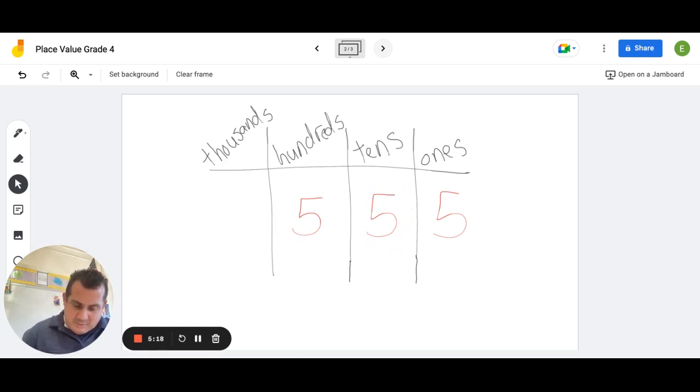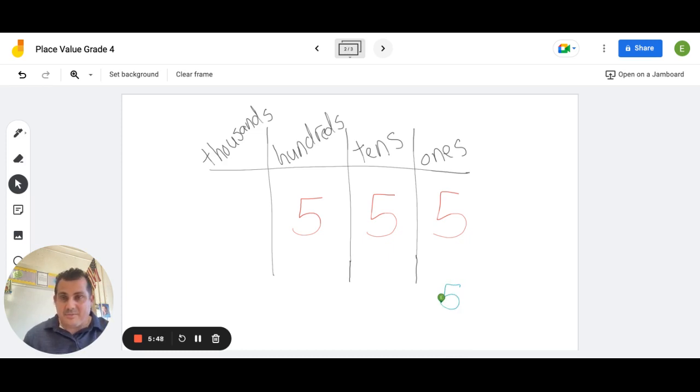Is it worth the same amount as the 5 in my ones place? It's not. Even though you have the same digit, the value is not worth the same. But if we keep in mind, every place value gets 10 times greater as we move to the left.